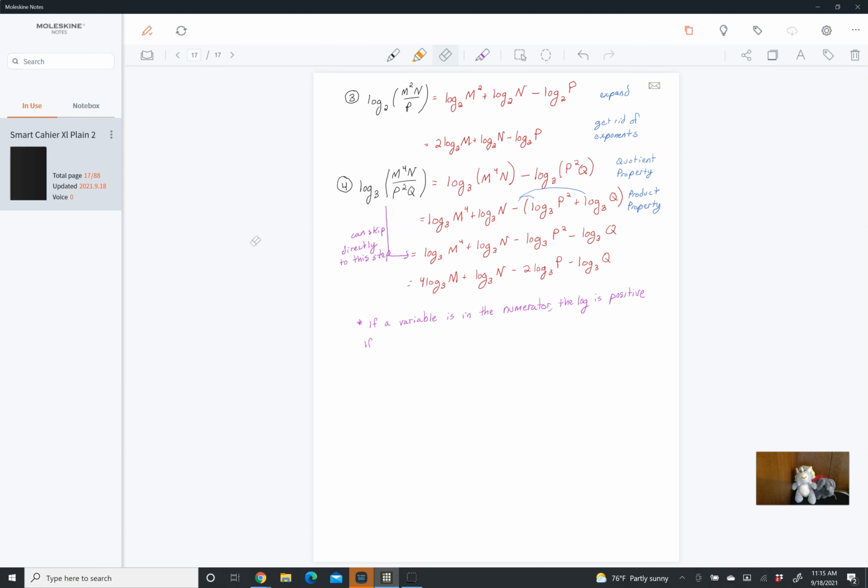And if a variable is in the denominator, the log is negative. And that's going to save us a lot of time.